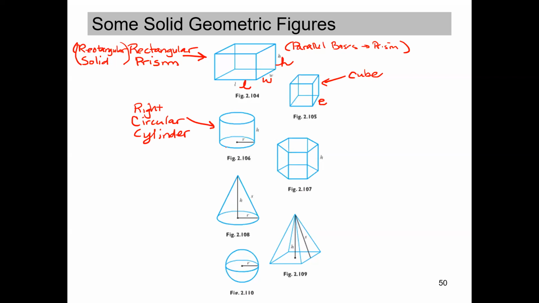So we have this circle here, and then we have an H for our height. So we have the measurements labeled that we would need to find volume or surface area on this figure. R, or the radius. So you see that I have an R there. And then the height is H right here.